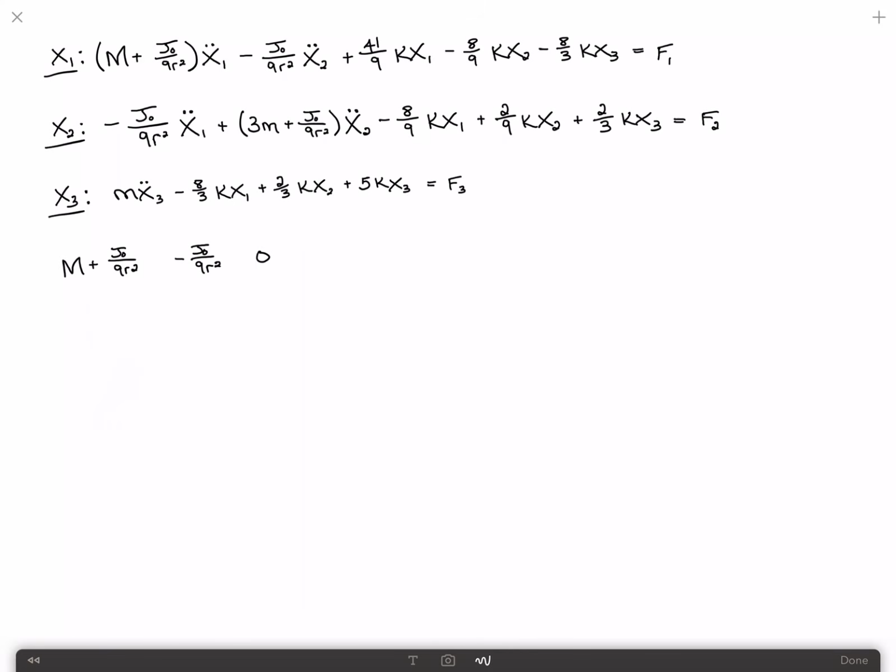The next equation, this would be minus j0 over 9r squared. This would be 3m plus j0 over 9r squared. And this would be 0. And then 0, 0, little m. Times x1 of t, x2 of t. I'm putting the t's back in here. I just omitted it to keep it concise.